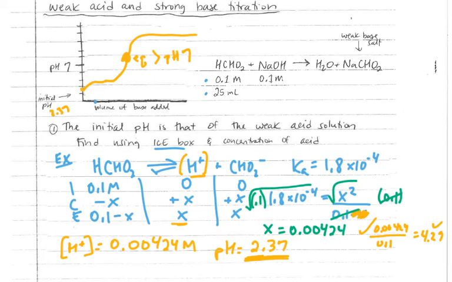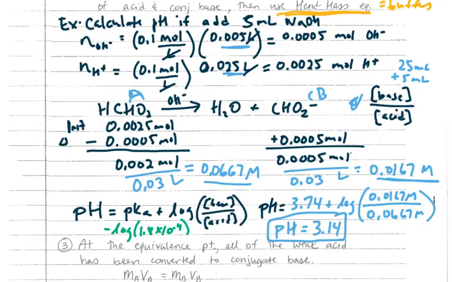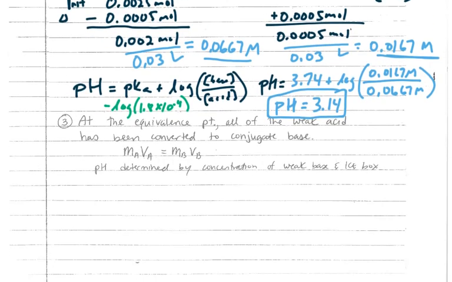All right? Because it's a weak acid, when we add an equal amount of base to that acid, it's actually going to be slightly higher than pH 7, because that acid is very weak. And we'll show you the math for that in part 3. Part 3 here, at the equivalence point, all of the weak acid has been converted to conjugate base, and so the pH is going to be determined by the concentration of the weak base.